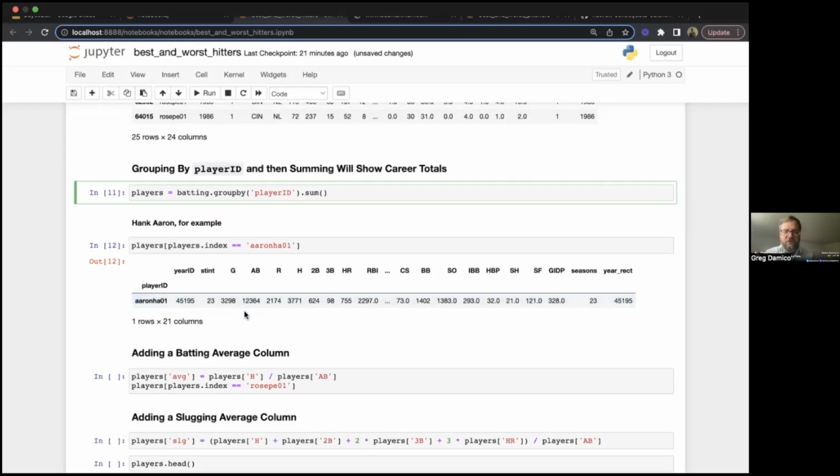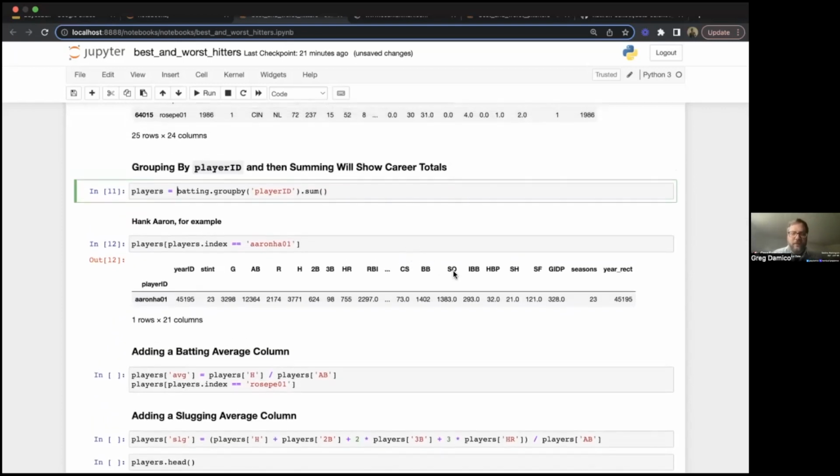You can see here, Hank Aaron got 3,771 hits in 3,298 games. That's pretty darn good. 755 home runs. This was a record for, I forget, 50 years or something. 2,297 RBI. I can see all these total statistics for Hank Aaron.